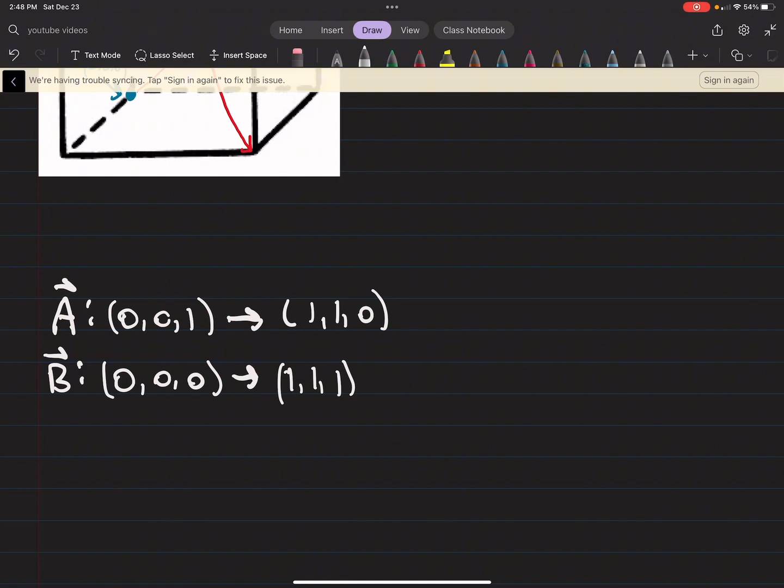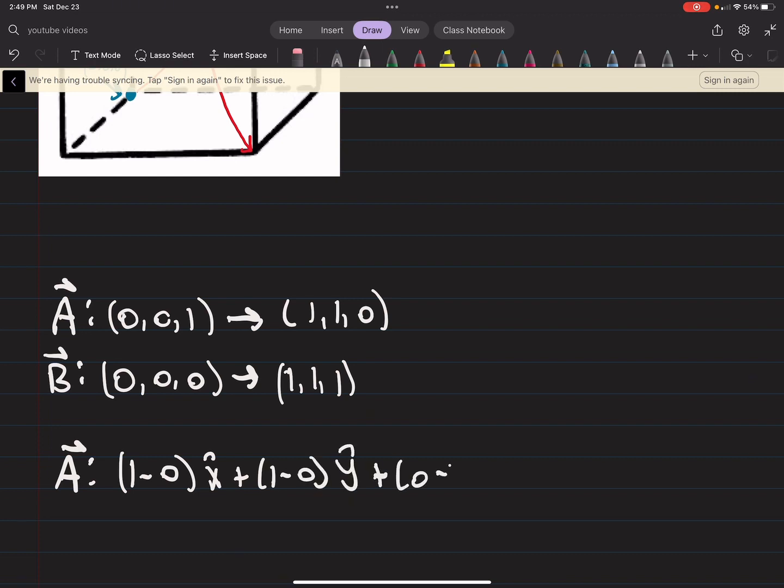So for vector A, final minus initial, so 1 minus 0, x hat, plus 1 minus 0, y hat, plus 0 minus 1, z hat, gives you x hat plus y hat minus z hat.